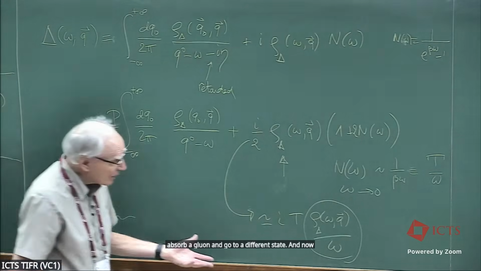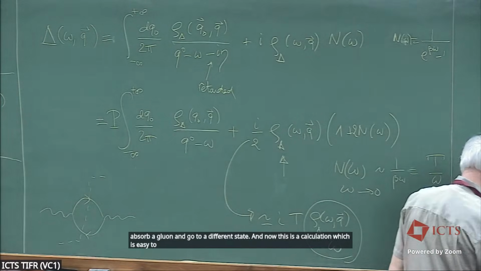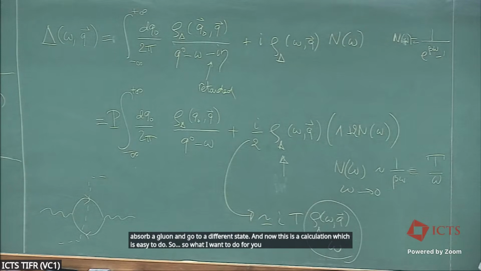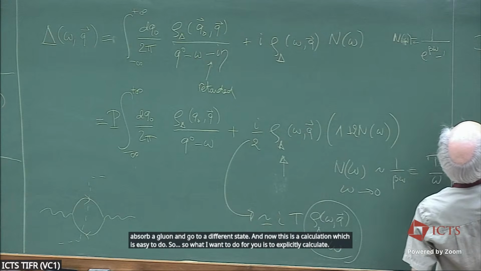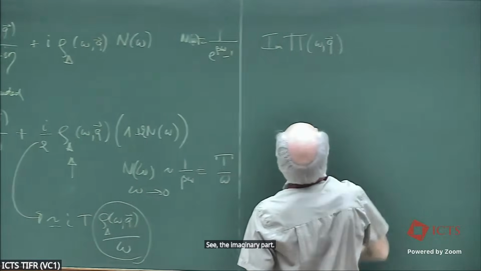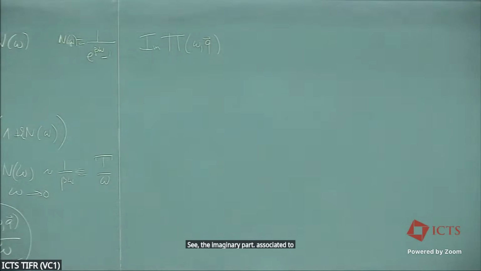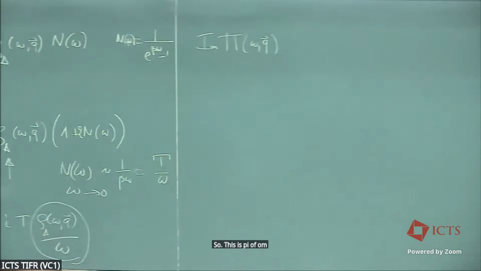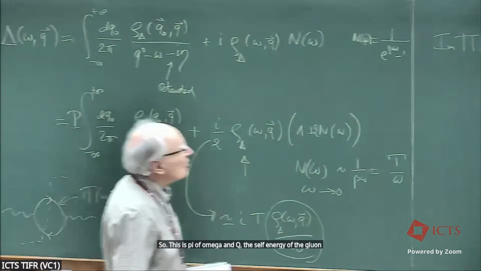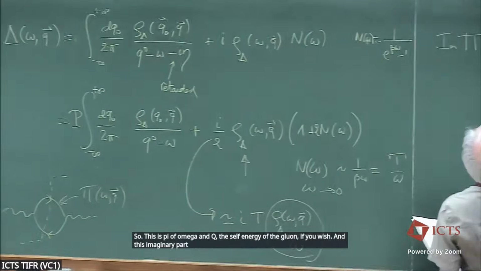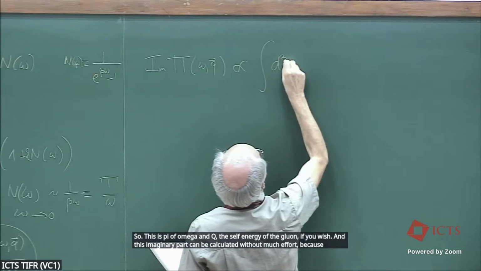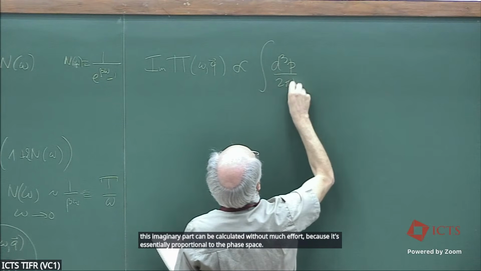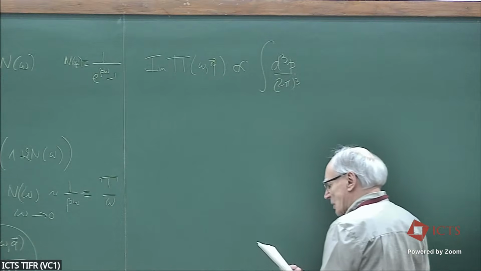And now this is a calculation which is easy to do. So what I want to do for you is to explicitly calculate the imaginary part associated to this process here. So this is pi of omega and q, the self-energy of the gluon, if you wish. And this imaginary part can be calculated without much effort, because it's essentially proportional to the phase space for these processes.